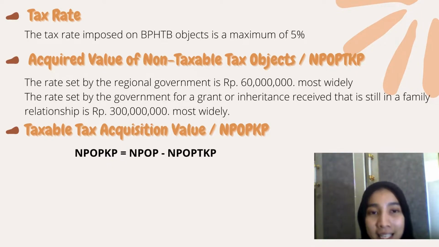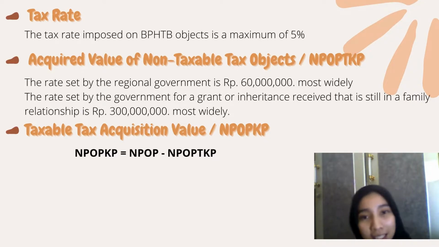Okay, next, the tax rate for land and building title transfer duty is a maximum of 5%. And next, the acquisition value of non-taxable tax objects, or NPOPTKP. The regional government sets it at 60 millions, and for land and building title transfer from grant or inheritance received within a family, the regional government sets a maximum of 300 millions.